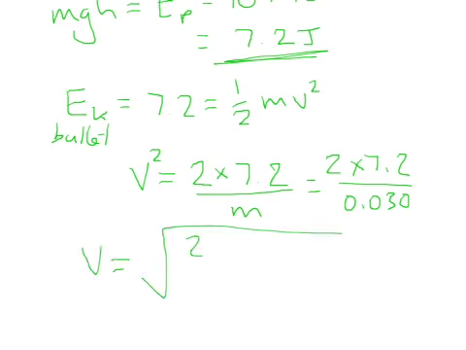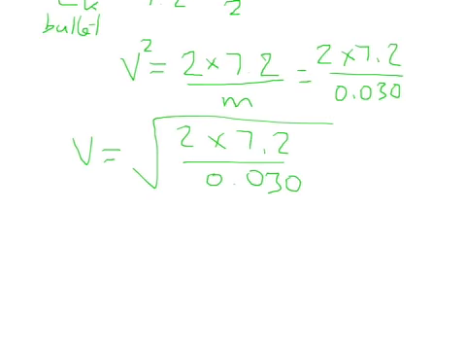Now we have to square root everything, so we should see V will equal the square root of 2 times 7.2 divided by 0.030, and I'll just quickly plug that into my calculator, and that equals 22 meters per second.